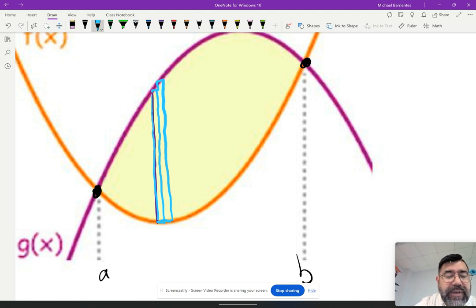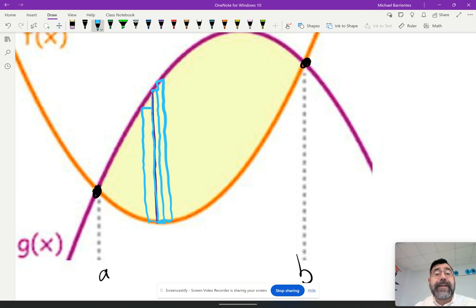Very much like a Riemann sum allowed us to build rectangles and then add those rectangles together, right? Now, if I make the widths of my rectangles smaller and smaller, that means I'm going to be able to add more and more rectangles, and this area here, that error, is going to go away, and we'll get the exact area under the curve. That's what the definite integral did for us, right?